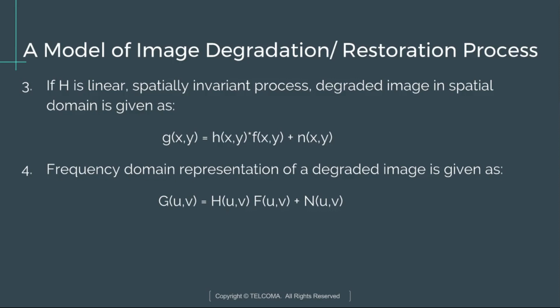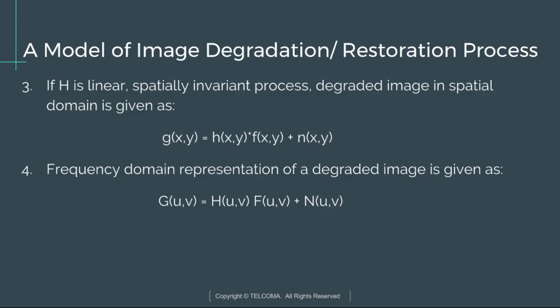The frequency domain representation of a degraded image is given by the equation G(u, v) = H(u, v) F(u, v) + N(u, v), where the terms in capital letters are the Fourier transforms of the corresponding terms in the spatial domain.